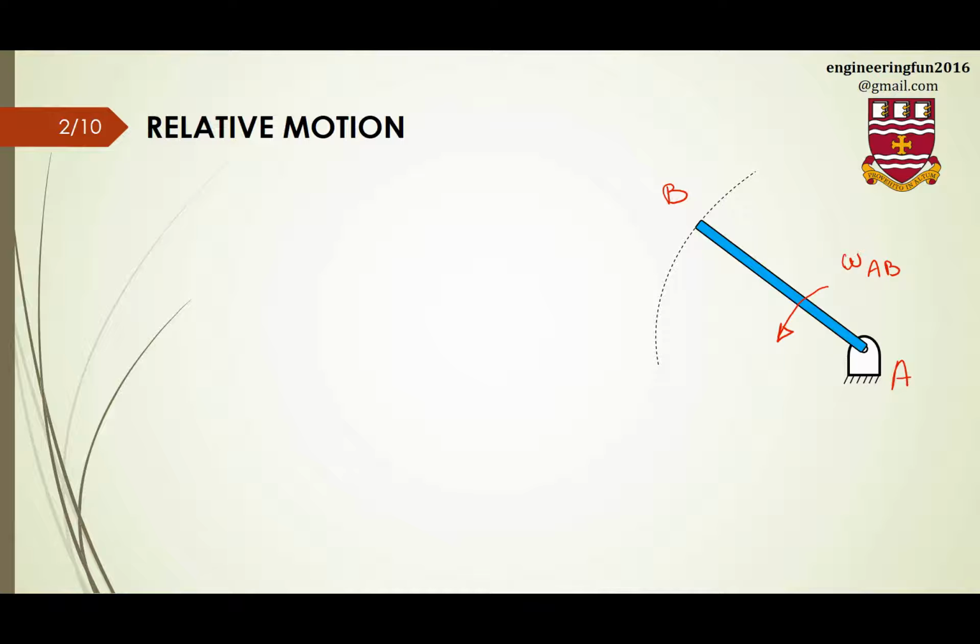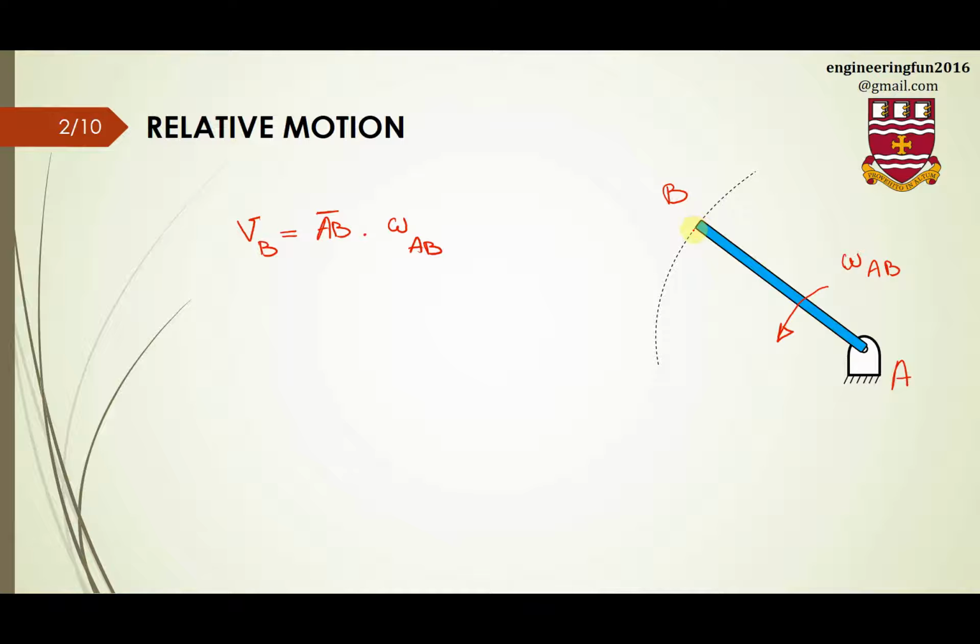In this case, I know that the velocity of point B will be the distance between point A and point B, which is AB, times the angular velocity, which is omega AB. This is the same r omega that we learned before. So this is the amount of velocity at this point for point B.